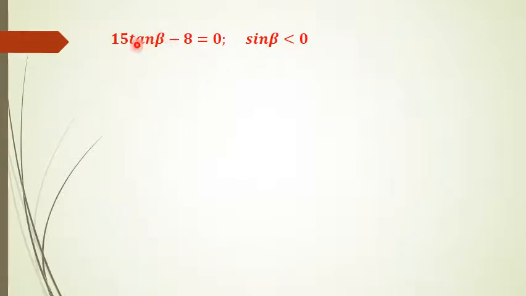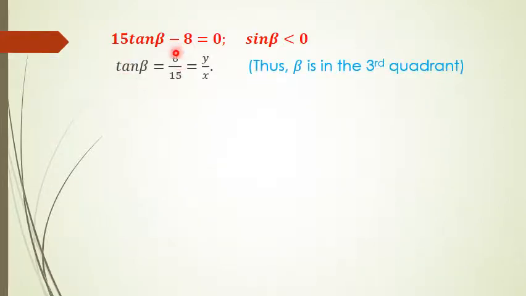We begin by making tan beta the subject. Taking minus 8 across to the right, it will be positive, and then divide by 15. We obtain tan beta equal to 8 over 15, which is equivalent to y over x. Notice that at this stage we cannot conclude that y is 8 and x is 15 until we have taken into consideration the quadrant in which beta lies.